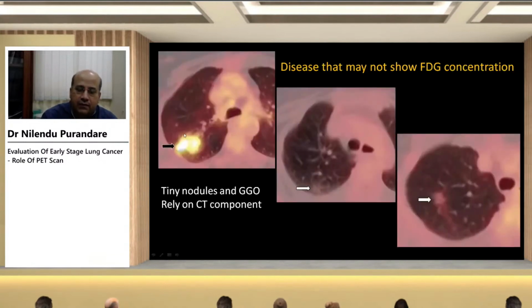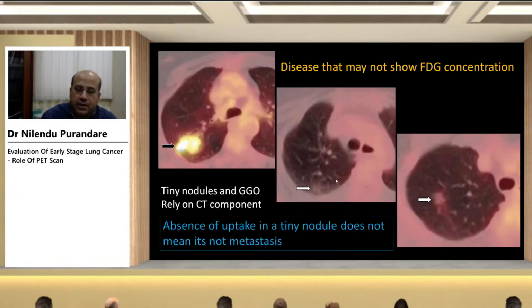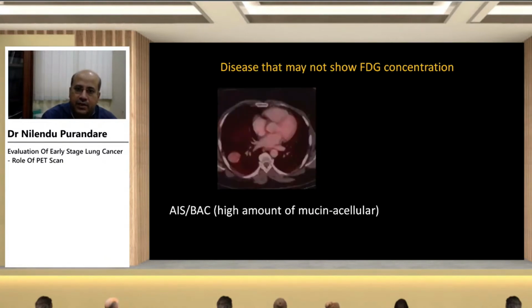So this is a garden variety lung cancer, very FDG avid. For example, ground glass opacities such as these, which actually harbor disease like adenocarcinoma or adenocarcinoma in situ, PET may not really resolve them, and you have to rely on the CT component. So absence of FDG uptake in a tiny nodule does not mean that it is not metastasis. That's something which we need to remember.